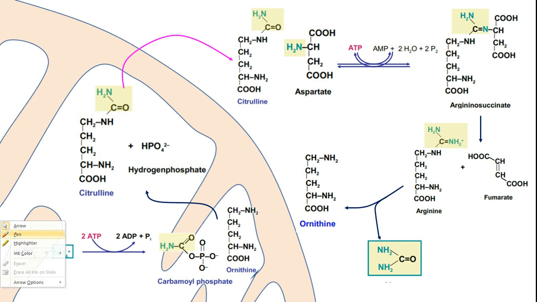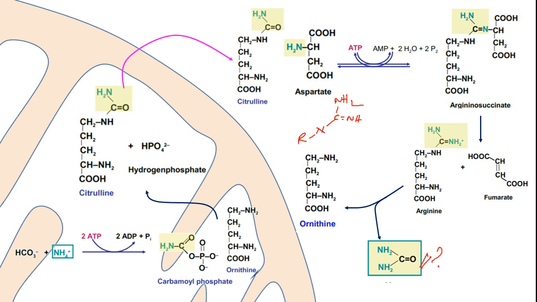Now here I should tell you one more very interesting thing regarding chemistry. In the case of arginine, we have a guanidine unit. Okay, now you put R here, C double bond NH, NH2. So this is it. Then how come urea is coming? Here the double bond we have over here moves from nitrogen to nitrogen.